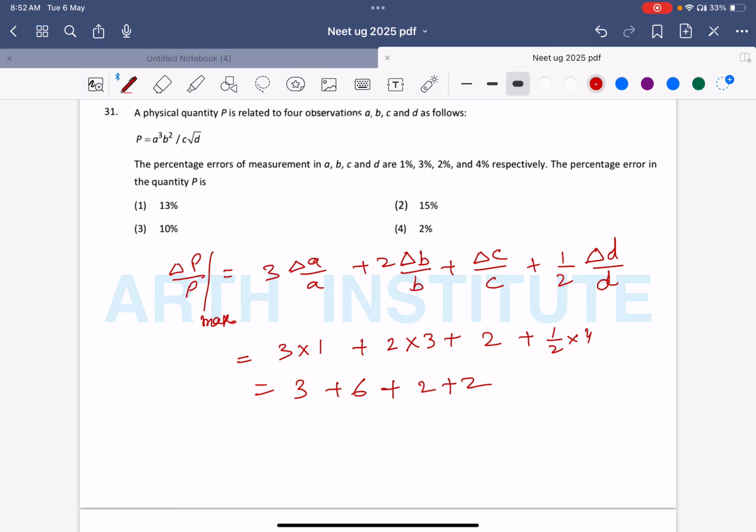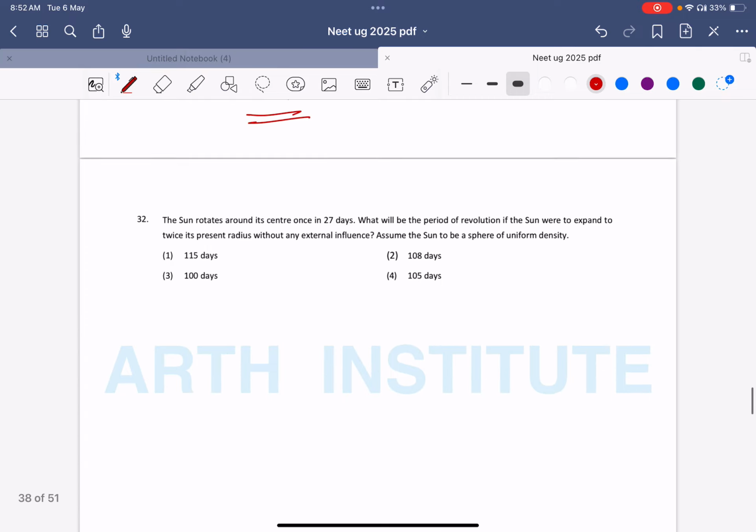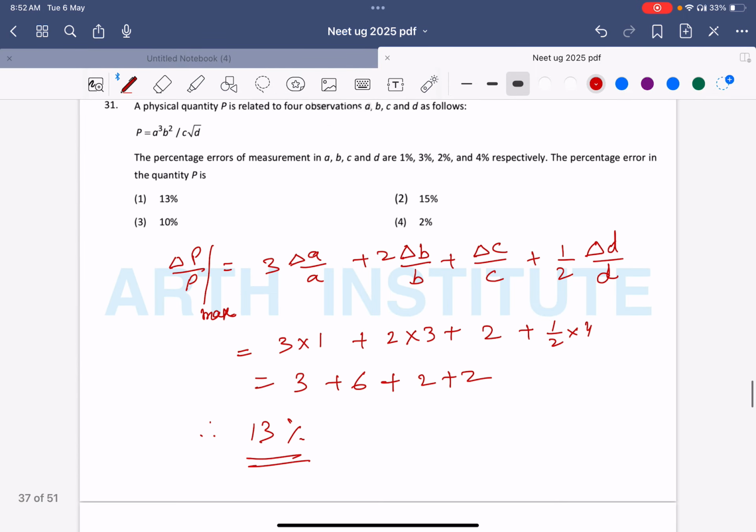So this is, if a percentage error is 13%. Okay. Next, 13%, that means the correct choice is the first.